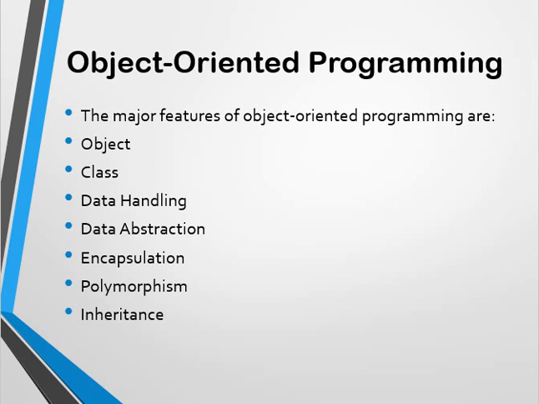So, the OOP approach is based on certain concepts that help it attain its goal of overcoming the shortcomings of conventional programming approaches. These are the general concepts of OOP that are listed here: object, class, data abstraction, encapsulation, polymorphism, and inheritance.